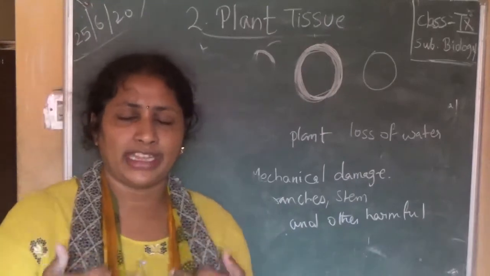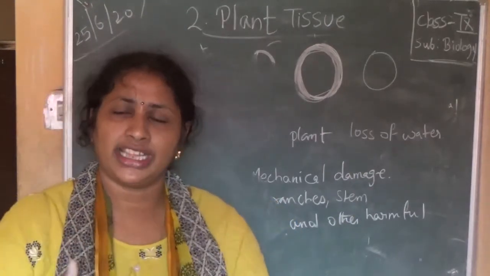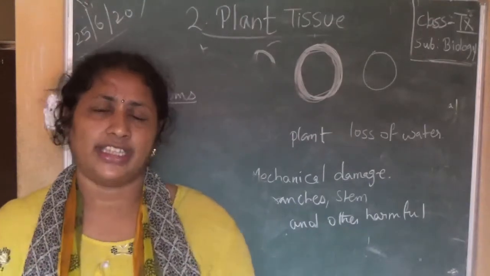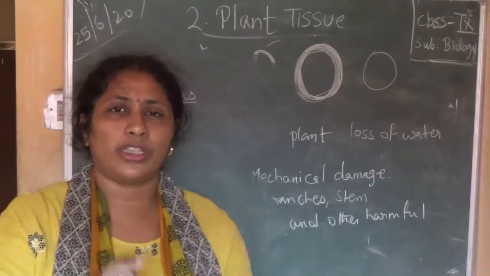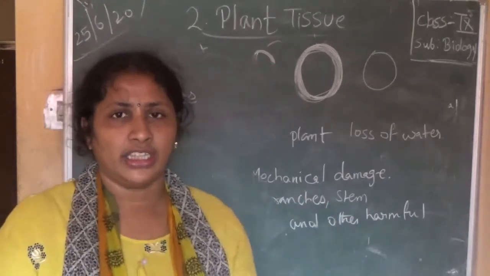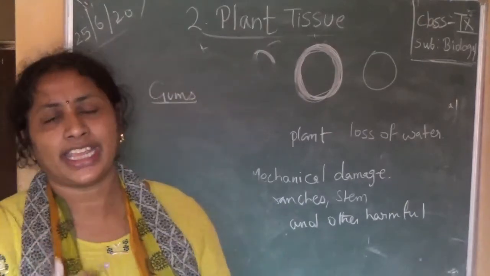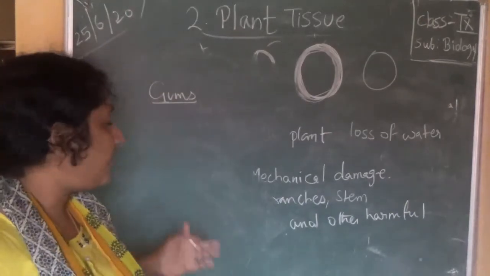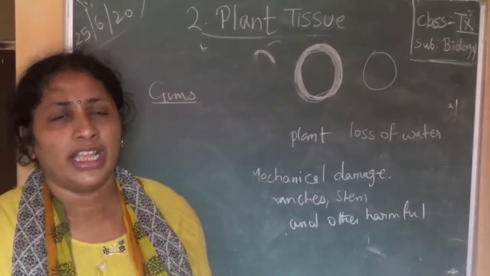In excretion, we are sending out our waste, but a plant cannot do that. So what it will do, it will store the excretory waste outside. Outside means where? On the dermal tissue. That's why we see gums on the outside, on the bark.